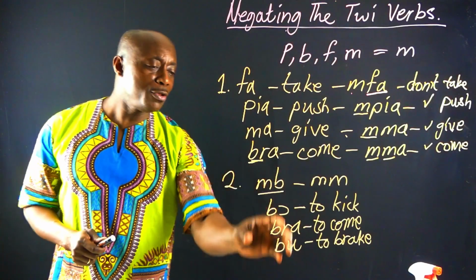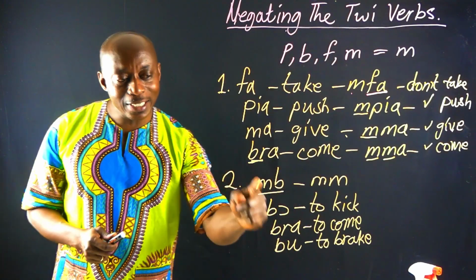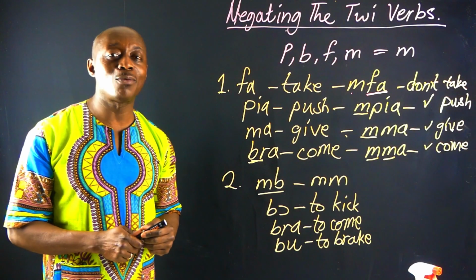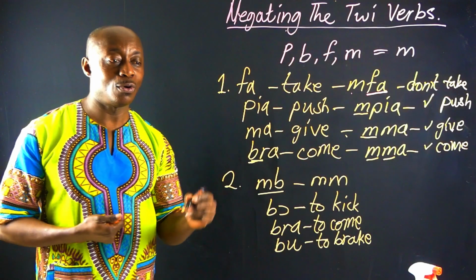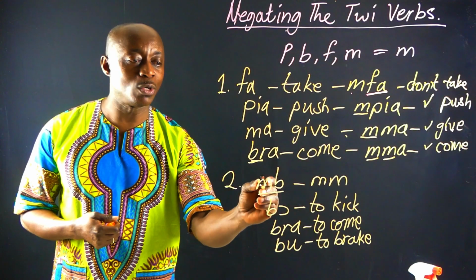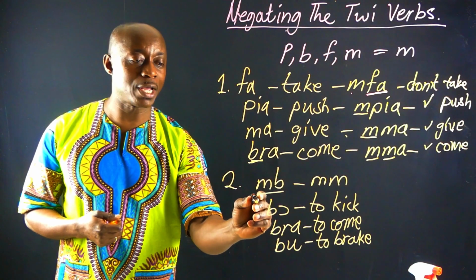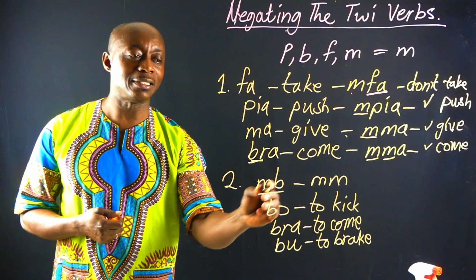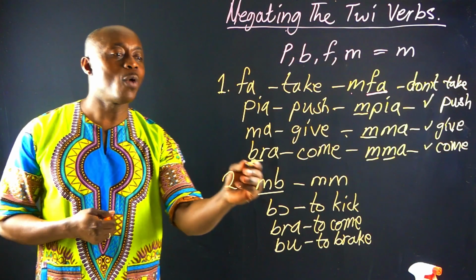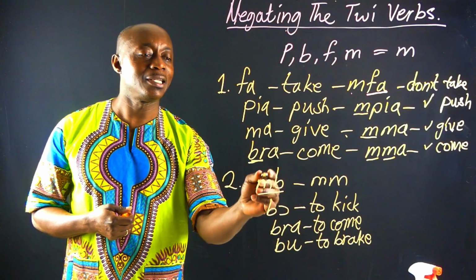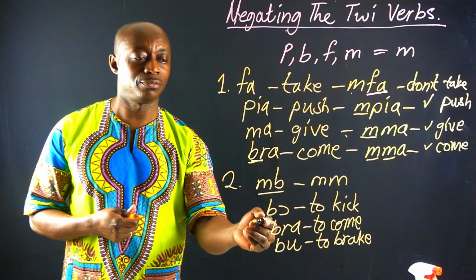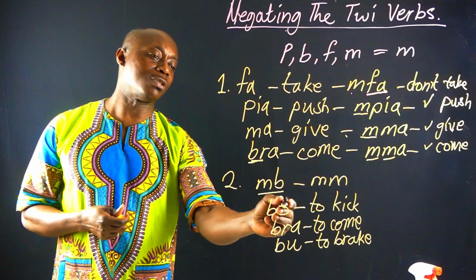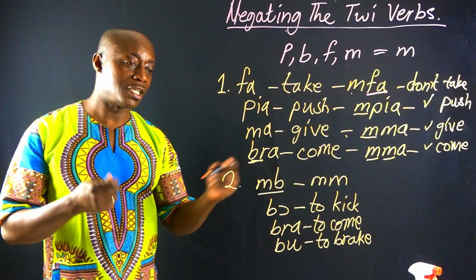Good. When you have this, you see that each of them begins with what? B. So it means that if you are going to negate it, when you prefix it with M, you get this combination. Here, we'll get mbo. So we get this combination. And the rule is that when you get such combination, then the M should be doubled. And then the B should vanish. So what will happen to this in the negative form is going to be what?